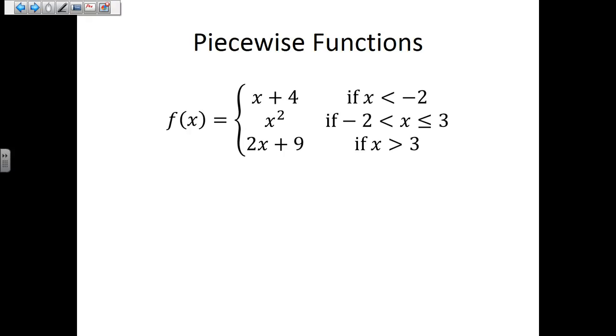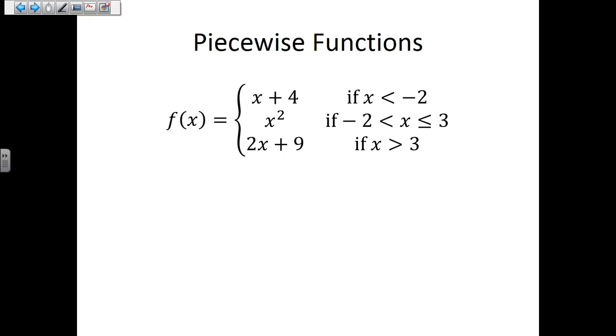F of x equals 2x plus 9 if x is greater than 3. So I'm going to use that piece only when x is a number bigger than 3, maybe pi or 4 or 22 or 5 bazillion. Then I would only use the bottom part of this piecewise function.